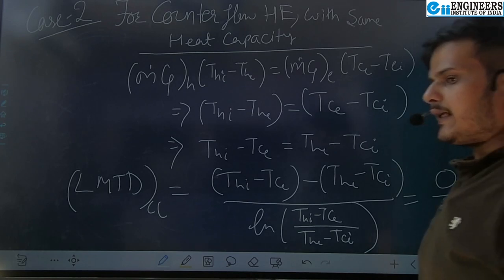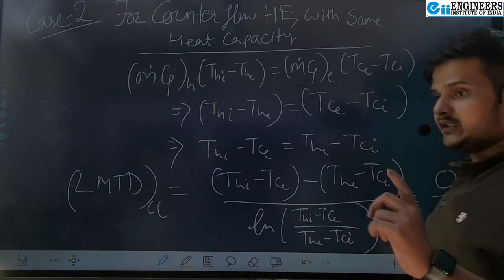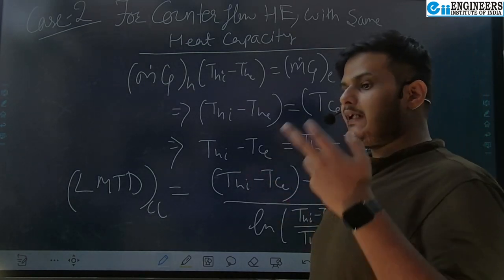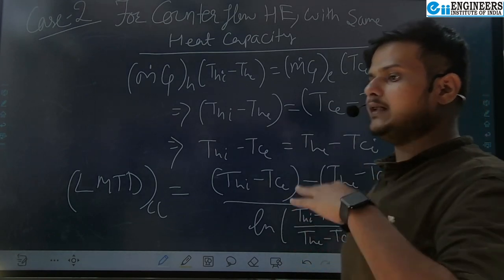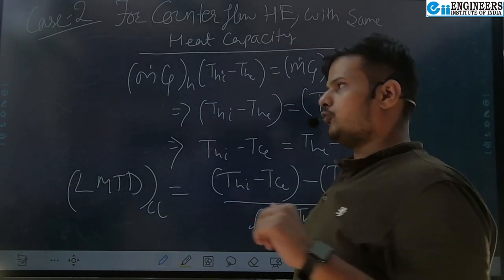Moving towards the second case, that is the case in which for a counter flow heat exchanger, the heat capacity is same, that is the MCP for the hot fluid is equal to MCP for the cold fluid.